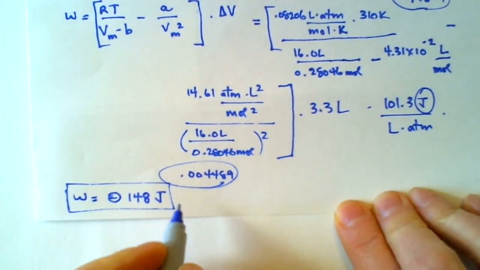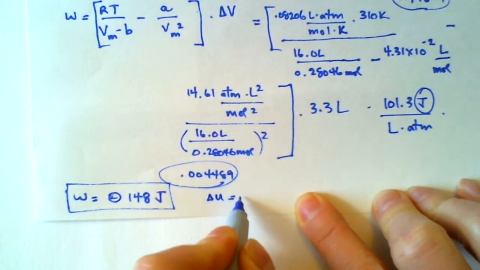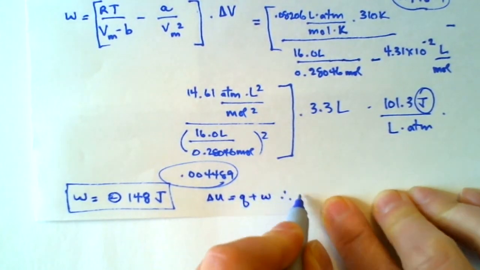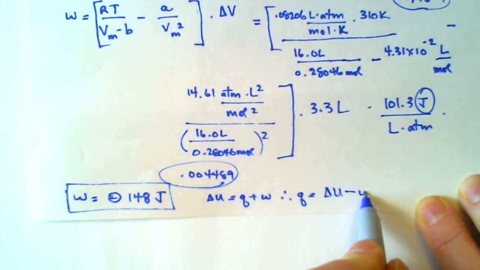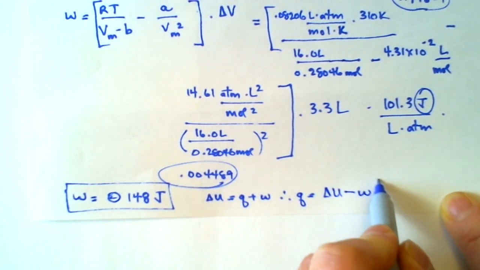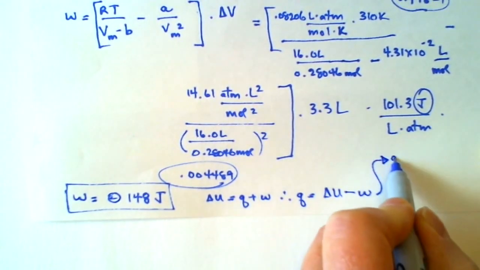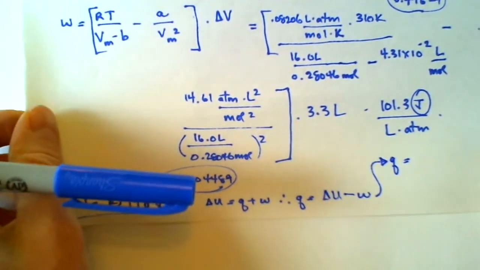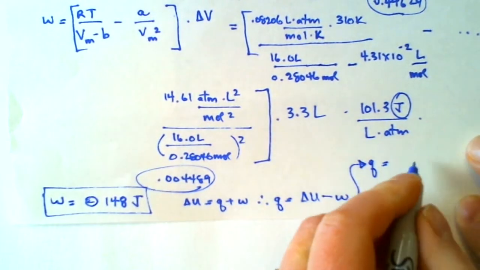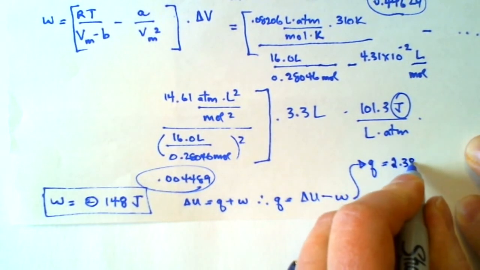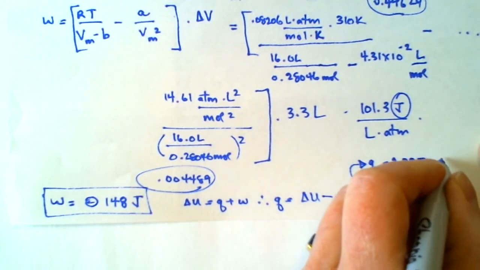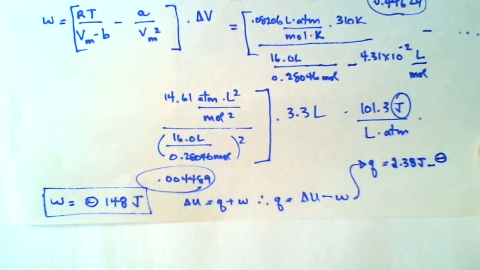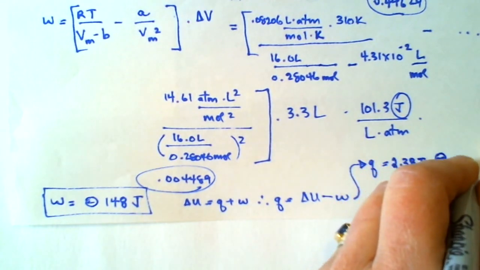I'm going to use this little bit of space that I have here. Delta U is equal to Q plus W, therefore Q is equal to delta U minus W. Let's go up here for a second. So Q is equal to, what did I have for delta U? 2.38 joules. And for work, so minus work, but work was a negative value, 148 joules.